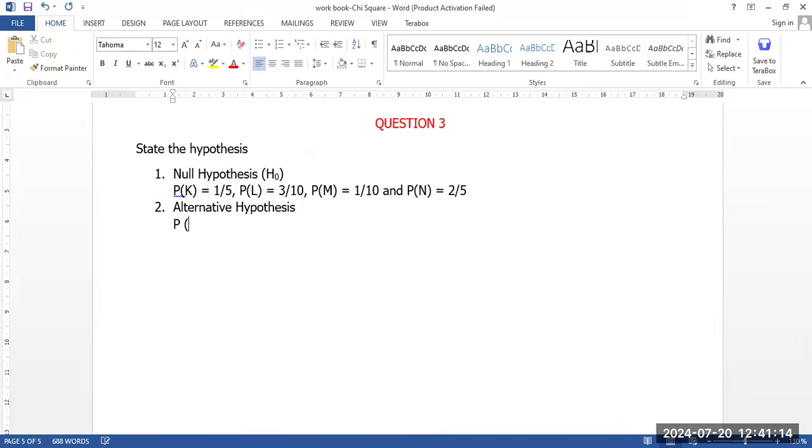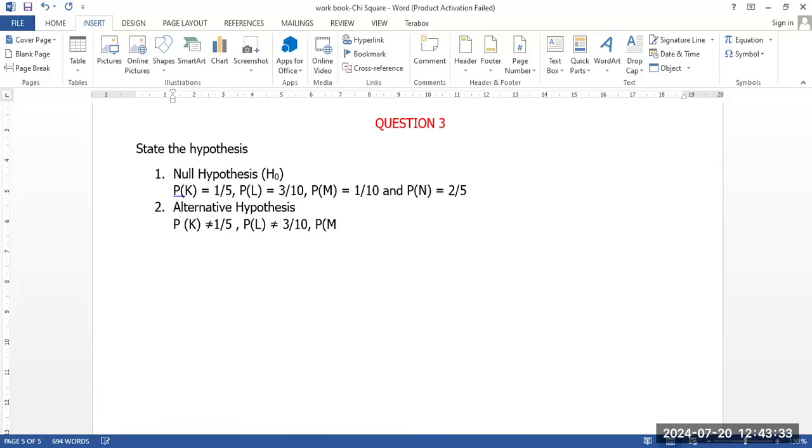Probability of K, M, is not equal to 1 out of 10, and the probability of N is not equal to 2 out of 5.